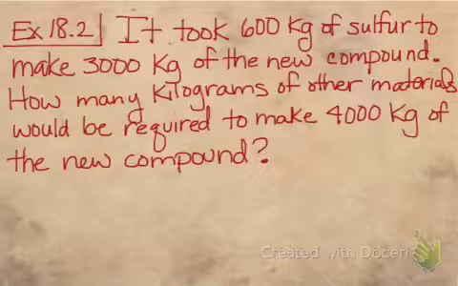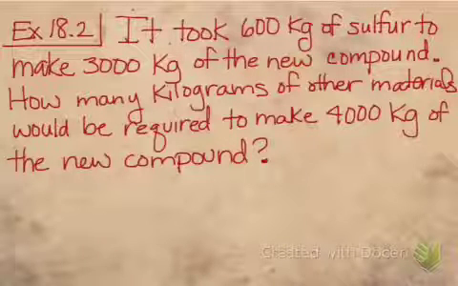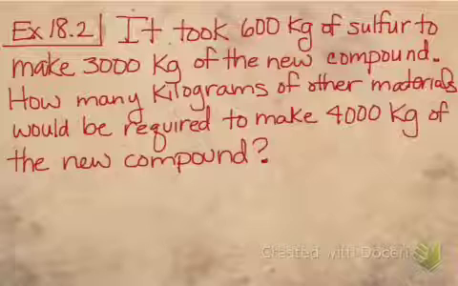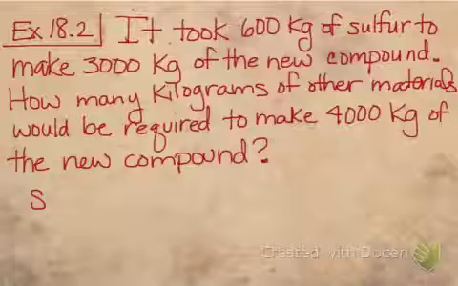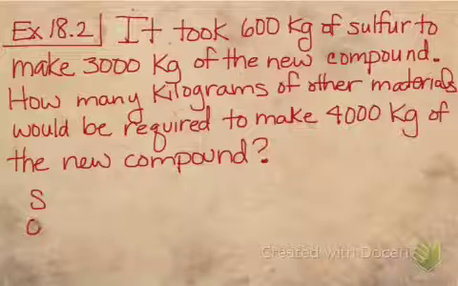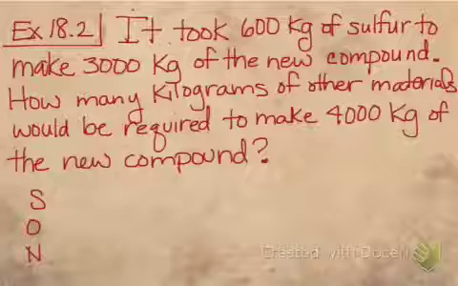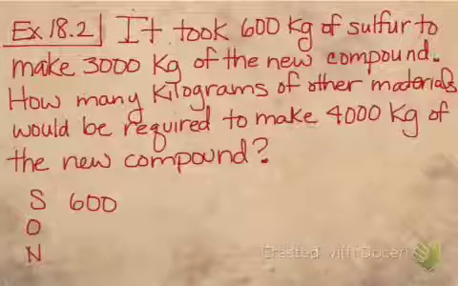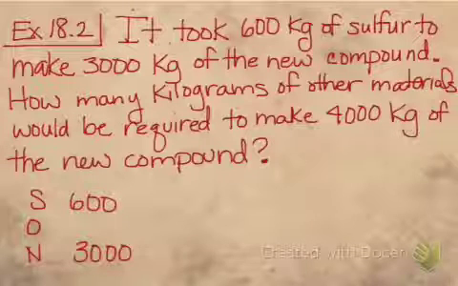Another example: it took 600 kilograms of sulfur to make 3,000 kilograms of the new compound. How many kilograms of other materials would be required to make 4,000 kilograms of the new compound? So we start out with sulfur, we add other materials to it to get the new compound. So we know we have 600 kilograms, and we know that the new compound had 3,000.